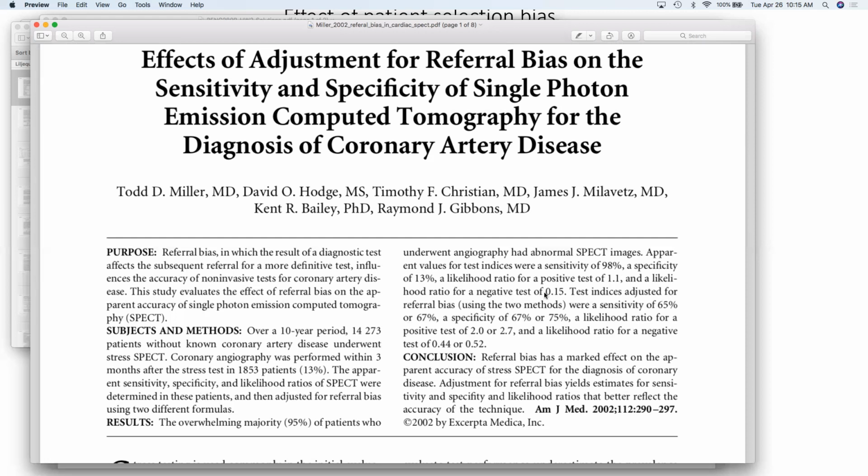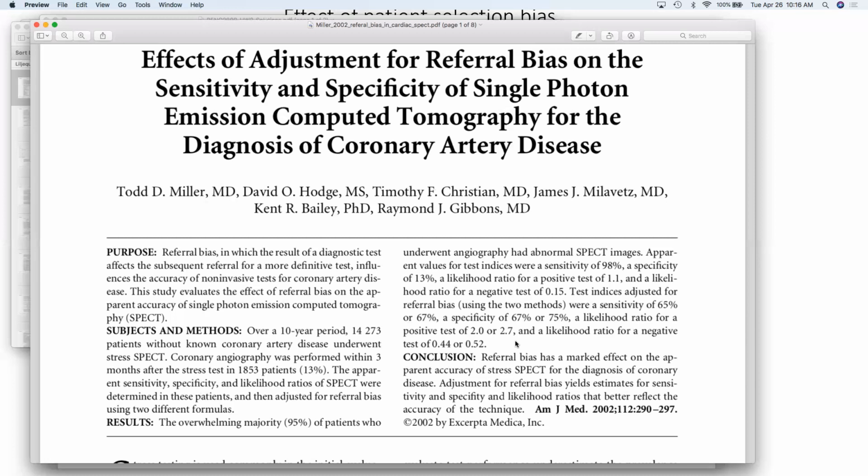And then they said, well, look, we need to normalize for this effect, this fact that all of these people are coming in. And so they perform an adjustment for referral bias. Now, this is where, if you wanted to enlighten the class: how is that adjustment rational?